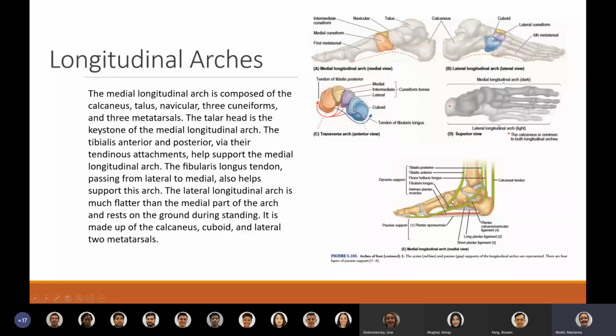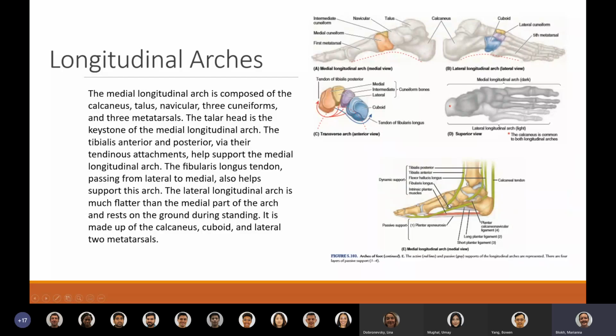Do you see how they cradle the medial side of the foot and ankle complex? Imagine the muscles functioning. If they contract, they pull up that medial arch component. So these muscles, by their tendinous attachments, help support the medial longitudinal arch.